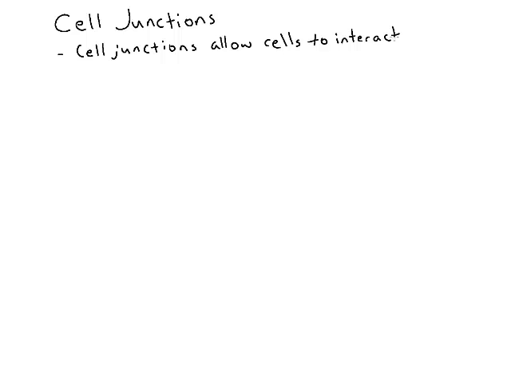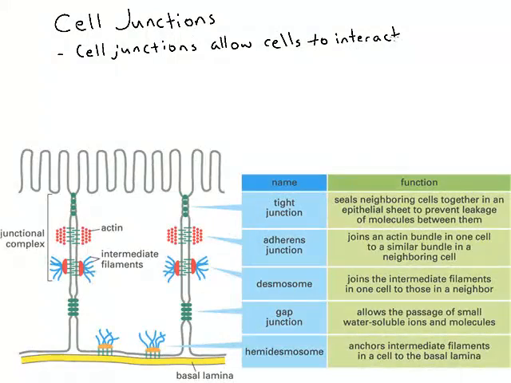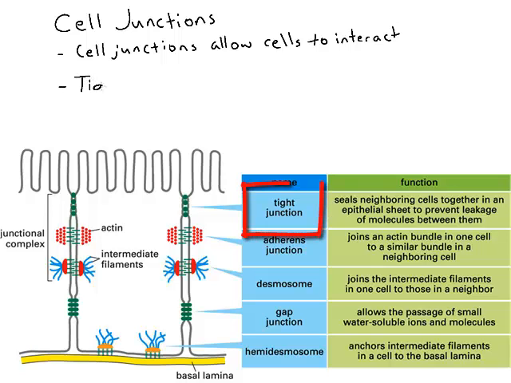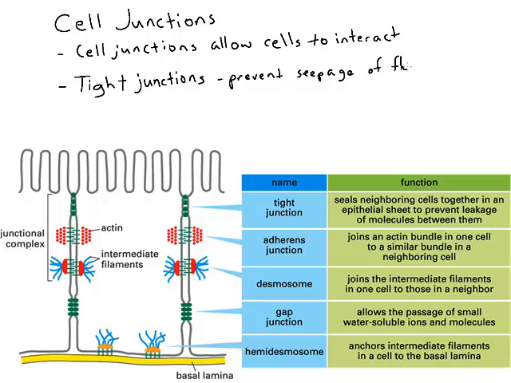Now, there are 3 common types of junctions in animal cells. You have tight junctions between plasma membranes of adjacent cells that prevent body fluids from seeping between the cells, such as what makes up the stomach lining and prevents the gastric acid from leaking through.